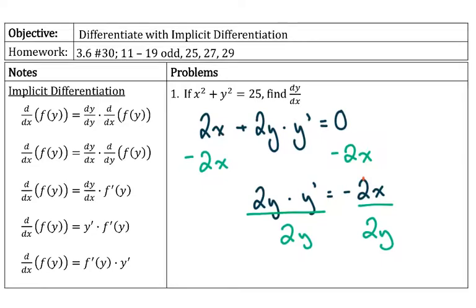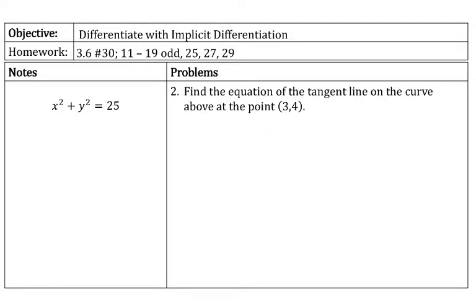Here, I'm just going to cut to the chase a little bit with simplifying by 2, and we end up with our final answer of dy/dx, or y prime, as negative x over y. Like so.